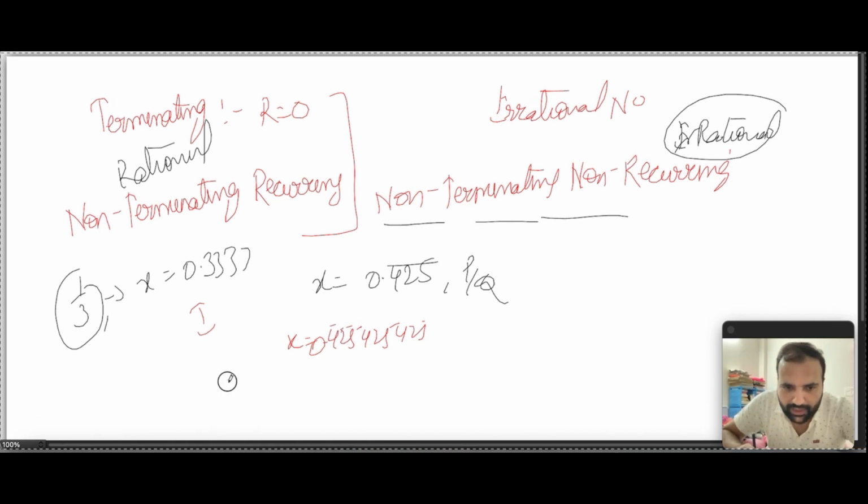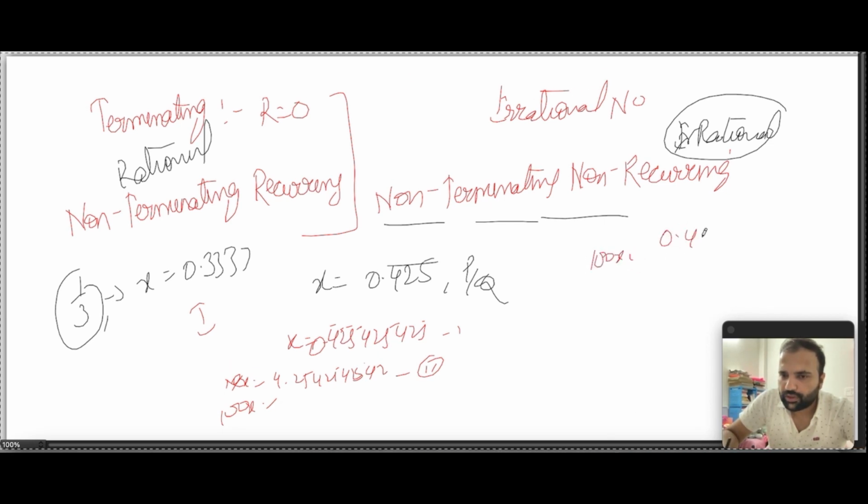So if you multiply by 10, only 4 comes out, and then we have 0.25, 425, 425, 425. It will be difficult for us to subtract, so we cannot use 10x. If we multiply by 100x, then 10x gives 4.2, and 100x gives 42, so two numbers come out of the decimal.